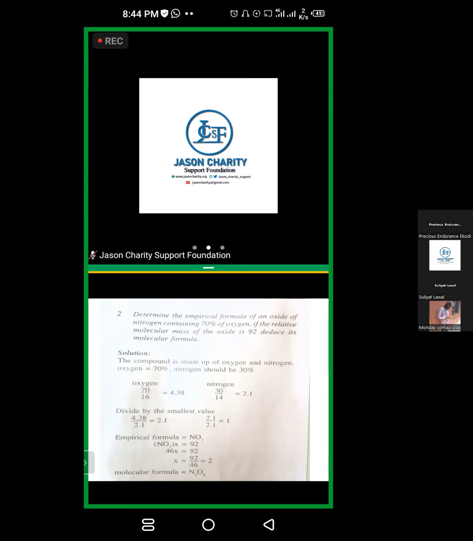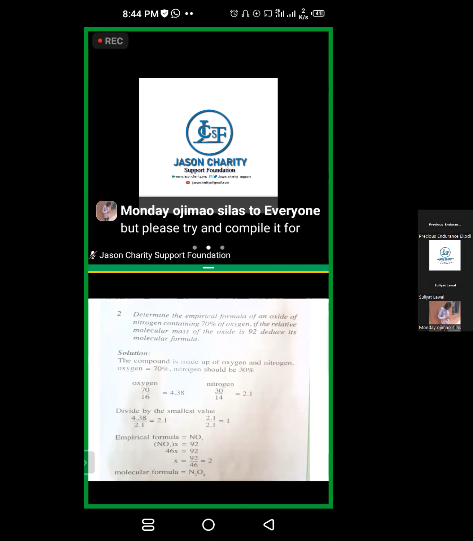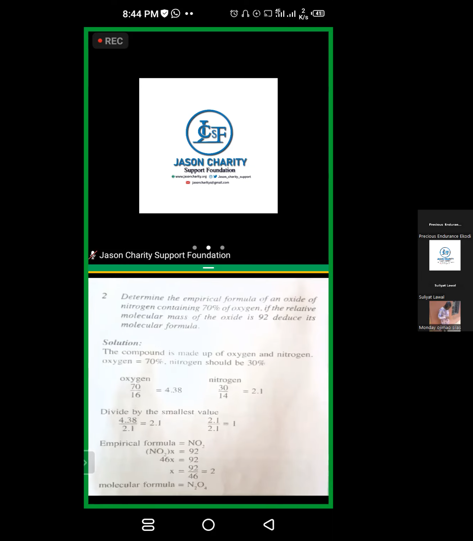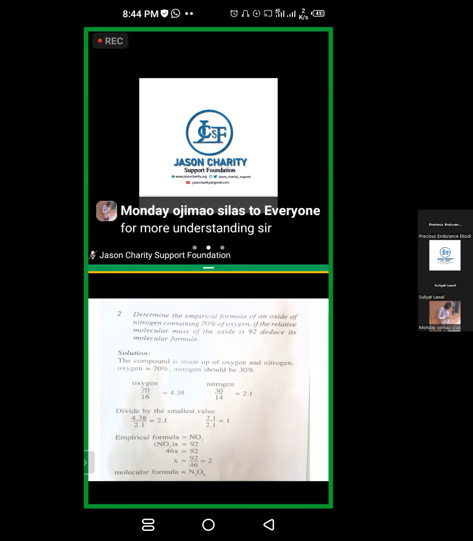And we said the difference between relative molecular mass and molar mass is that molar mass has units, while relative molecular mass does not have units. The unit of molar mass is grams per mole. And we've seen how to calculate the empirical formula, percentage by mass, and how to get the molecular formula.